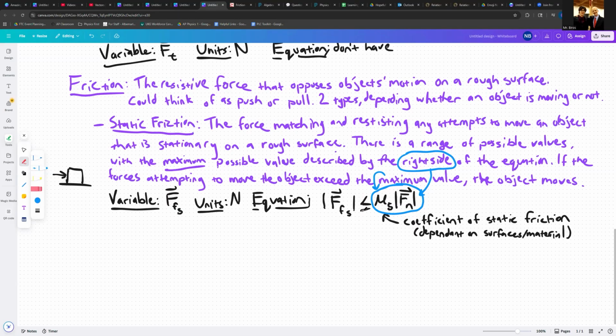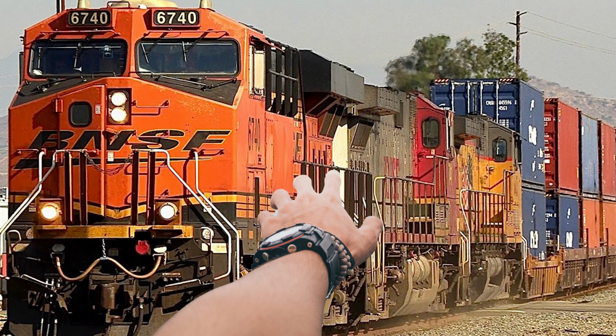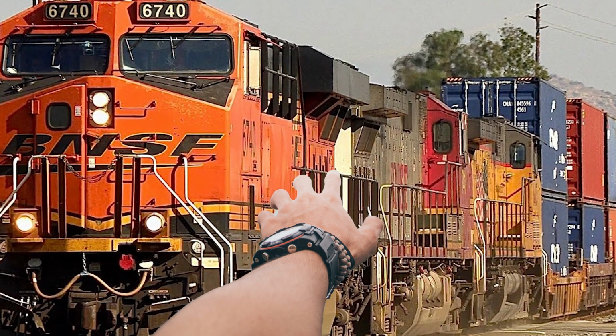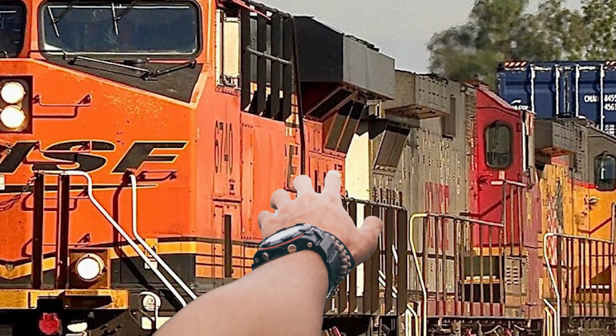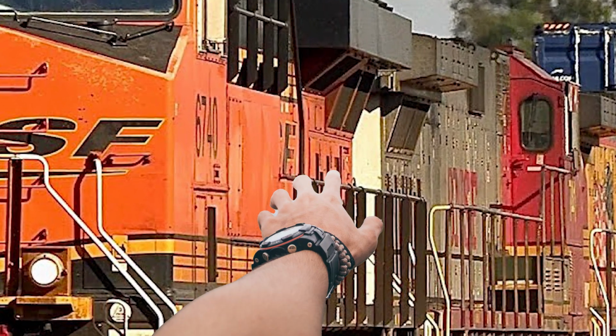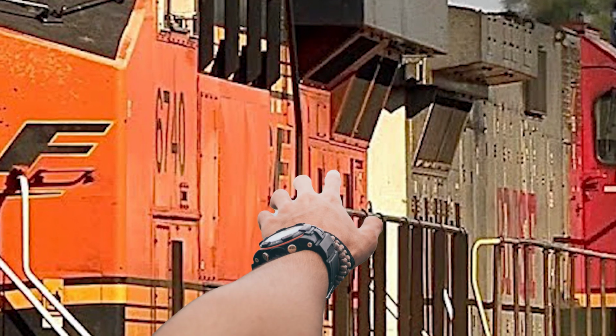It's very good for us that it's in fact an inequality and not an equals sign. Because if it was an equals sign, that would mean you come up and you touch the train even a little bit, push on it with 1 newton of force, and it would resist your attempt to move it with the full maximum value. You would go touch a train and get blasted into outer space or something.